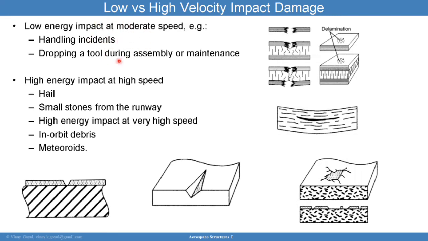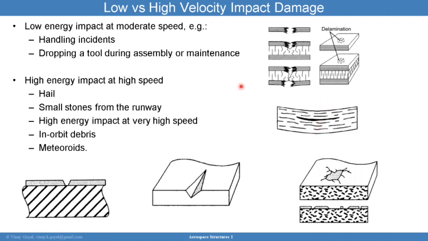Low velocity impact may be hard to visualize, yet it could reduce the strength of the composite quite significantly. Say I have a tool drop here on the composite, creating a delamination. Now this composite is subject to compression loading. Well, this delamination is now a source of weakness and can cause the composite to fail.